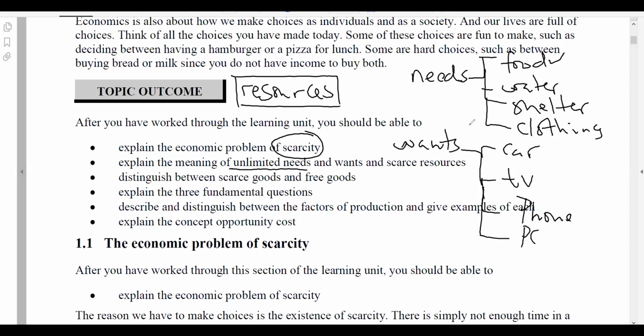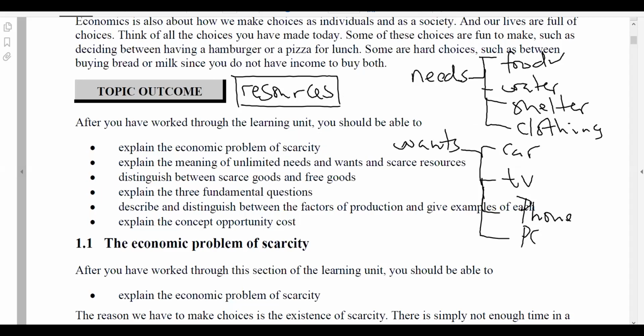To get a car, we use resources. To get shelter, clothing, water, clean water to drink, food, we are going to use resources. So resources are the means that we use to meet the needs and wants of individuals. Right? So can we say that the resources, are they limited or unlimited? Unlimited.